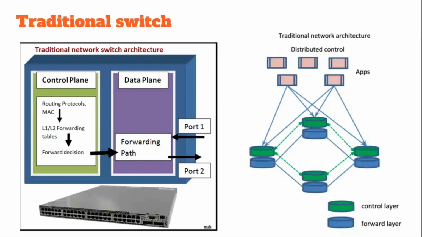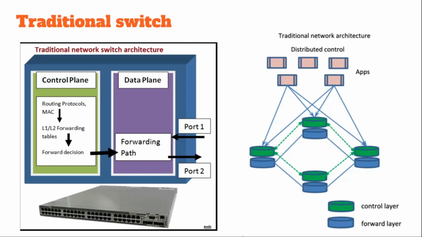The control plane analyzes the packet, and it finds the routing protocols, the MAC address mapping, whichever forwarding table it belongs to, and then it takes a forward decision. Once the decision is taken, here the decision is to forward the packet. The decision is forwarded to the data plane, and the data plane sends the packet to port 2. So this is how a traditional switch works, and this is a traditional network switch architecture.